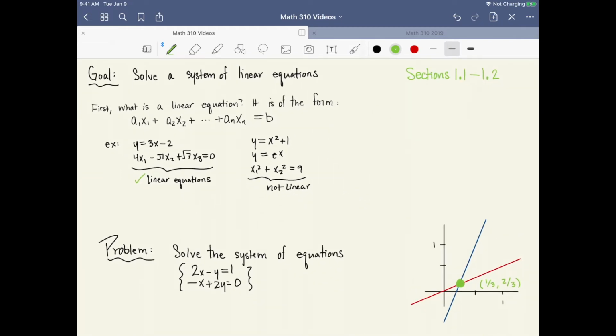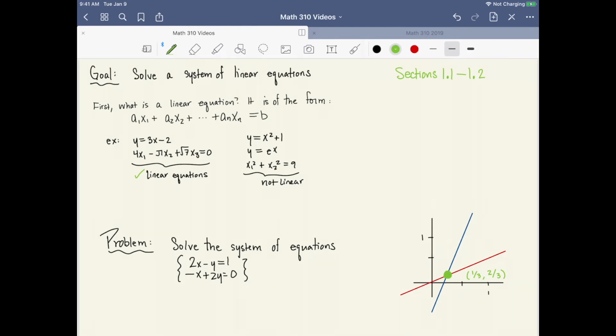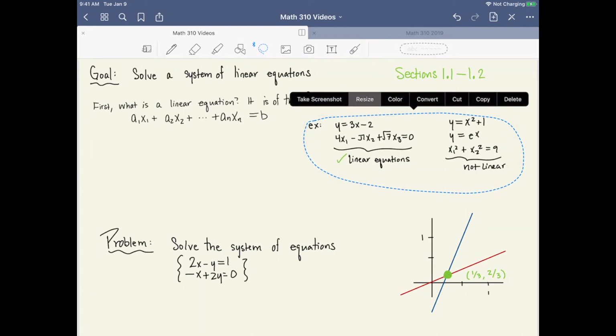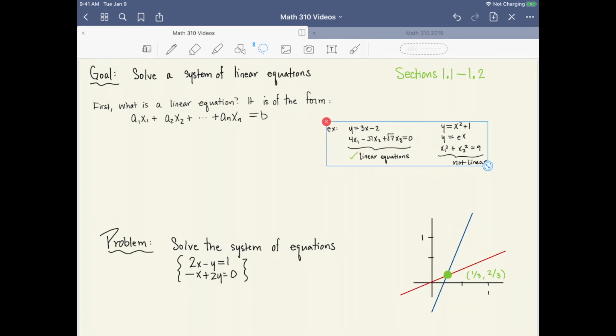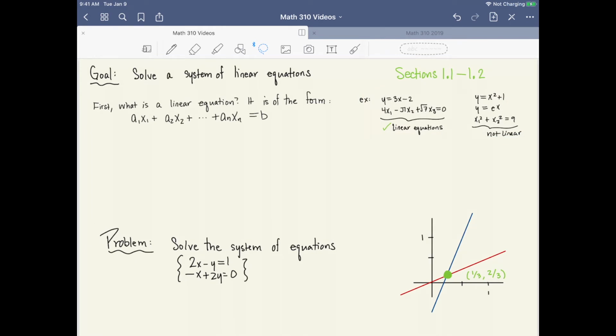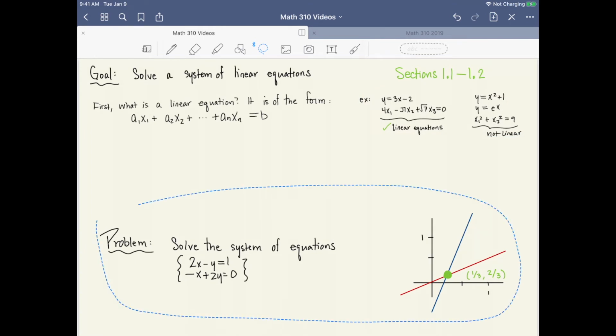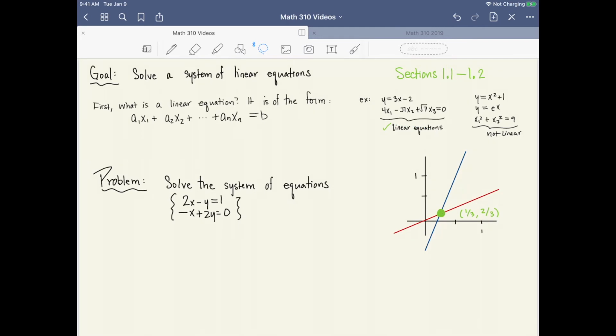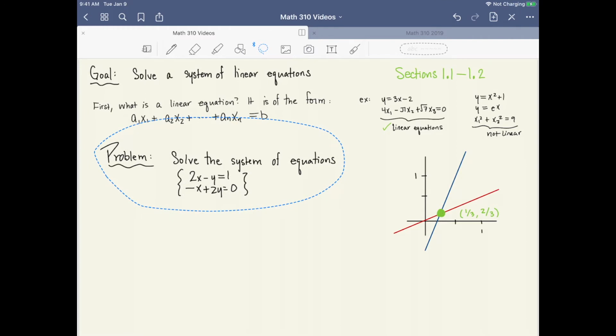So let's take these examples, maybe make them a bit smaller, and consider the following kind of warm-up problem. What we'd like to do is solve the specific system of equations given by two lines, 2x minus y equals 1, and minus x plus 2y equals 0.